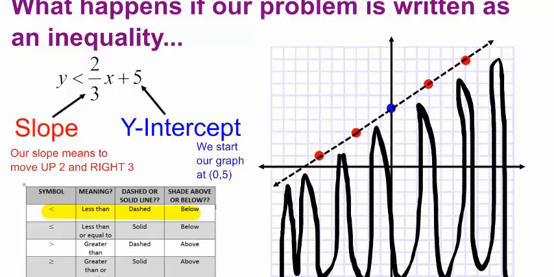The same could be true for the point (1, 2), which is right here where the cursor is. If you plug in 1, x is 1, so 2/3 times 1 is 2/3 plus 5, so 5 and 2/3, or 5.66, is greater than 2. That's a true statement. So again, that's in our solution region. Any point that is in our shaded area is part of our solution area.